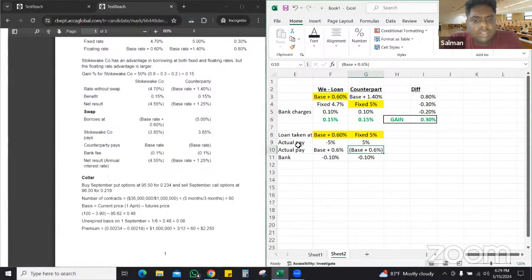And the actual pay is minus 5%, but however, this is after reducing the gain. Let's look at a separate working.